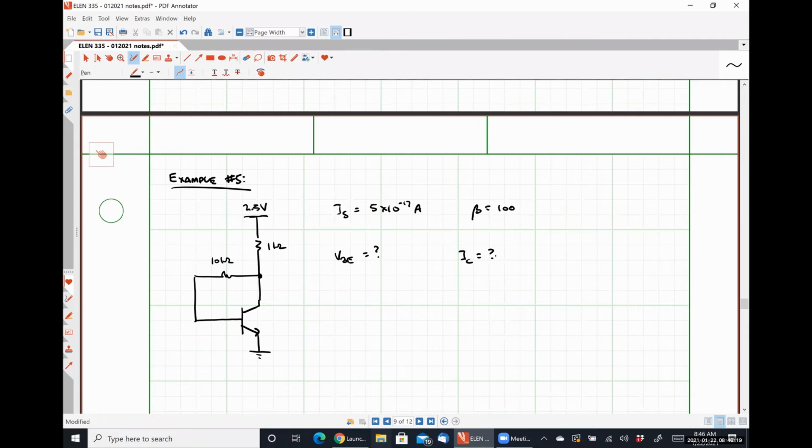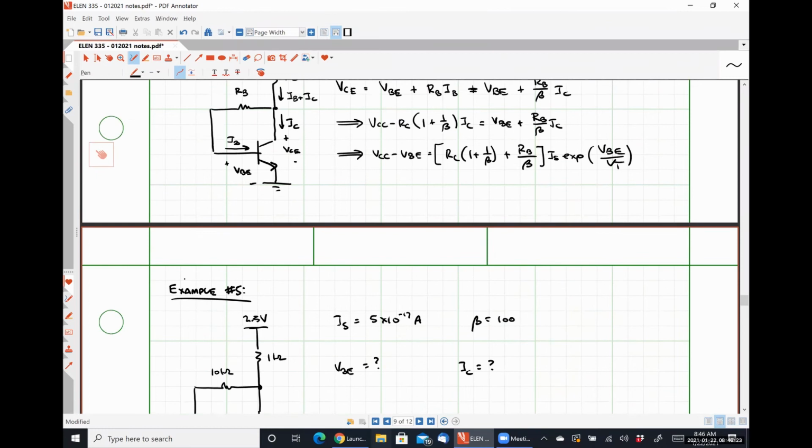Yeah, I mean, we only have the one equation, so it's pretty straightforward, right? We really just plug in our numbers here. So we know what VCC is, we know what RC is, we know what beta is, we know what RB is, and we know what IS is.